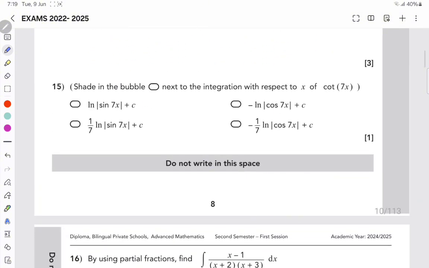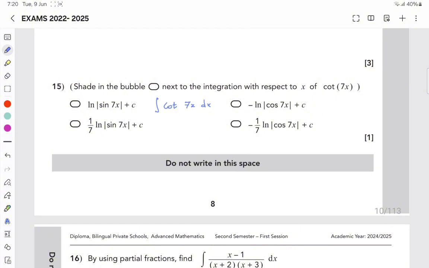In the next question, he said check the bubble next to the integration with respect to x. So I want to find the integral of cotan 7x with respect to x. As you know, in integration, in the basic rules, I have only the integral for sine and cosine. And for the quadratic rules, I have the integral of sec squared and cosec squared.